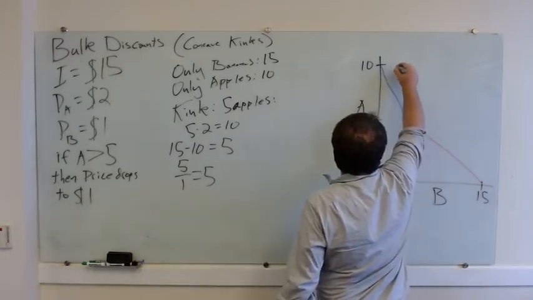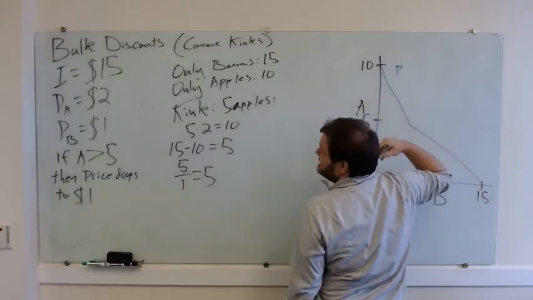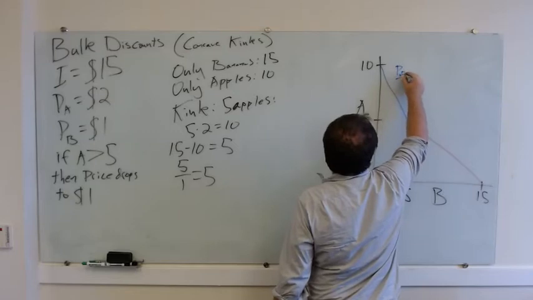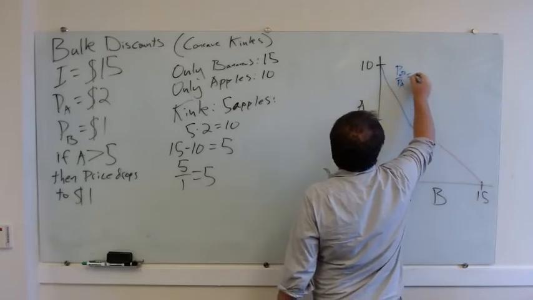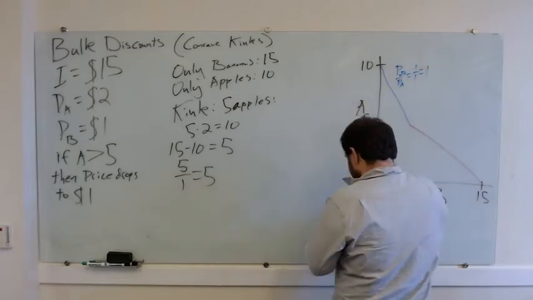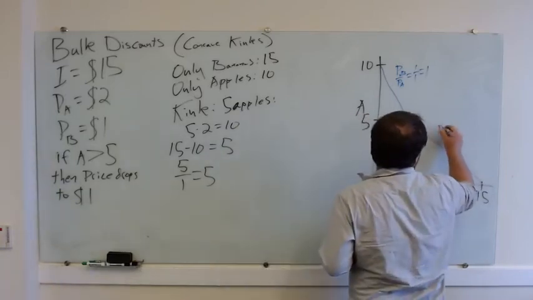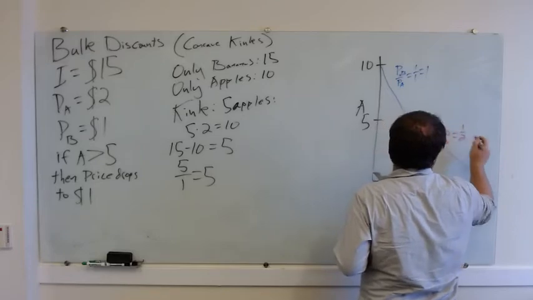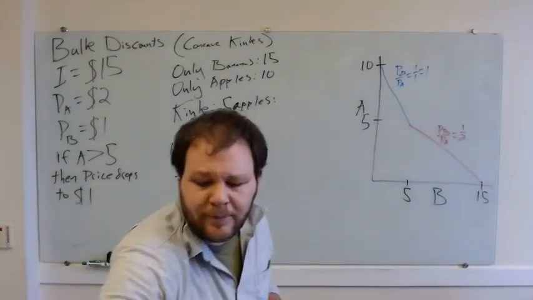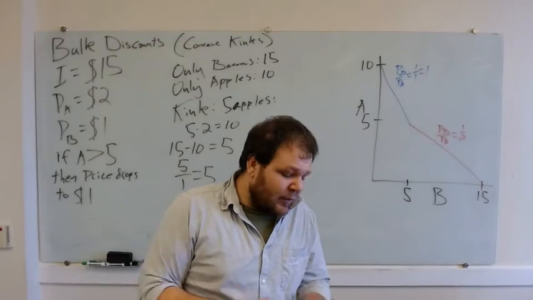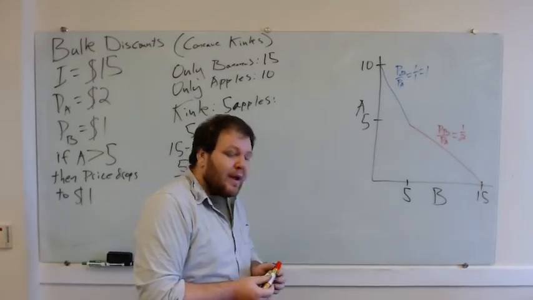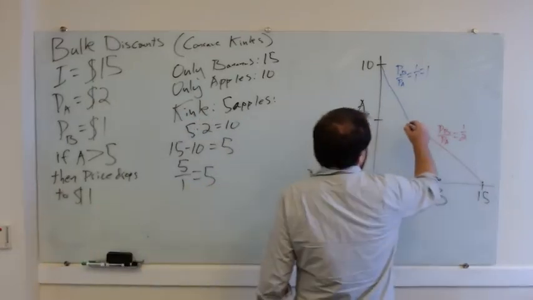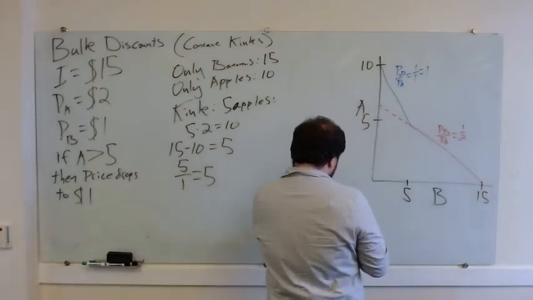So here, once we've bought enough apples to take advantage of the bulk discount, we'll have PB over PA equals 1 over 1, which is 1. And then here, PB over PA equals 1 over 2, or 1/2. Cool. And much like with a convex kink, when we have a concave kink or a bulk discount, we can think about this as really being like 2 different normal budget constraints, right?